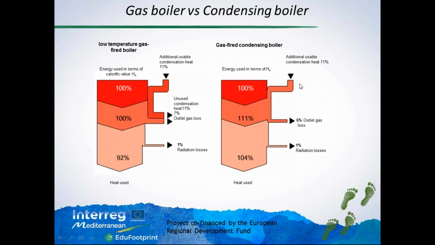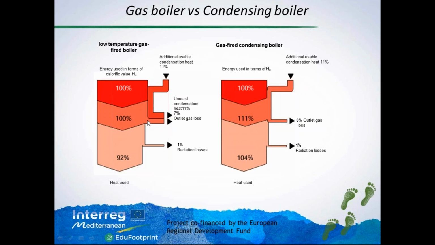If we have a condensing boiler, we can use this one, because it is using the condensation heat which other boilers are not able to use. So we have the theoretical possibility to have 111%. And we are not generating energy, it's because the 100% is accounted on these partial figures, the calorific value HU.